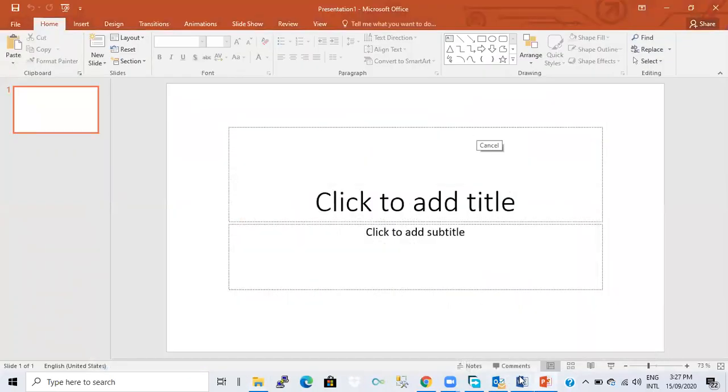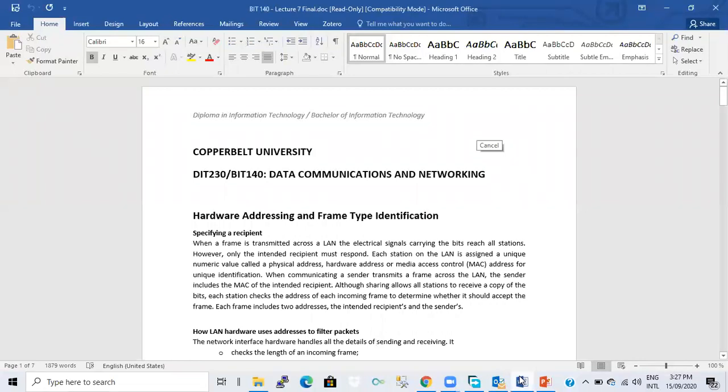Today we'll continue, we'll soldier on with handout 7, which is looking at hardware addressing, as well as frame type identification. When you're sending, let's say, a letter, I think we should have looked at this.